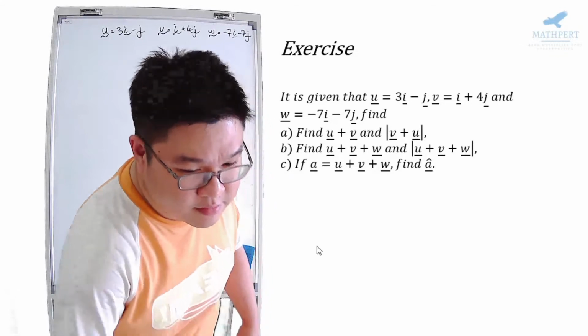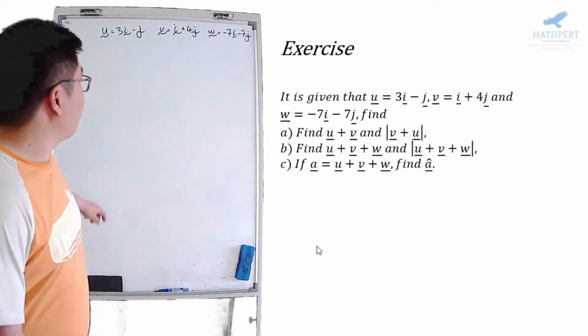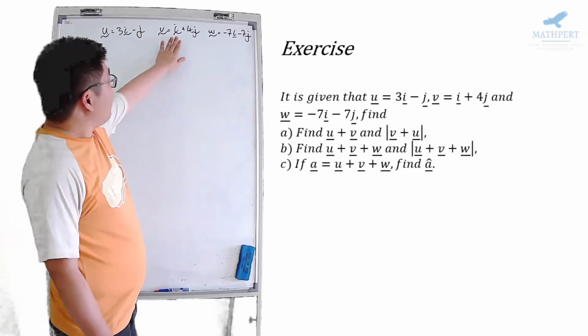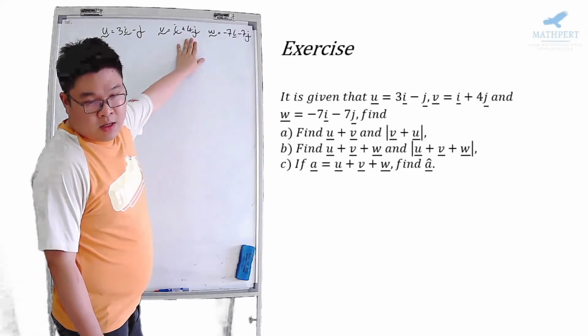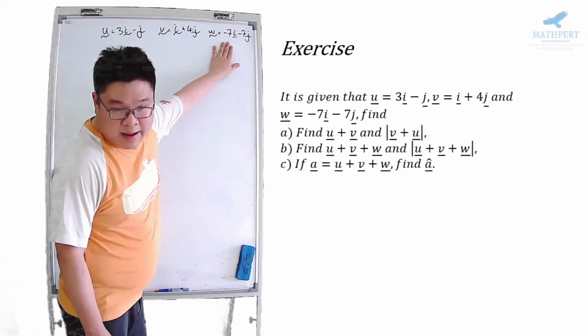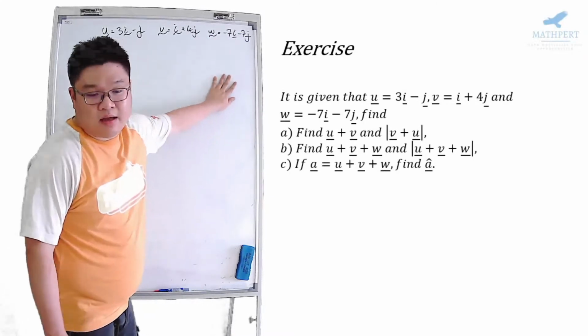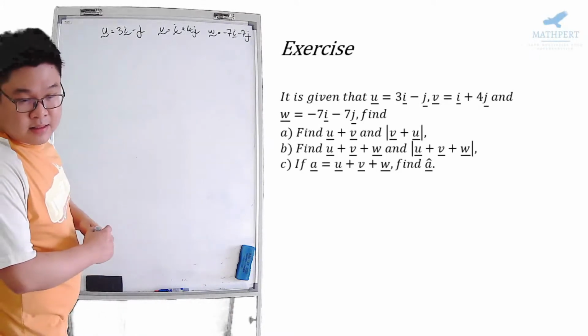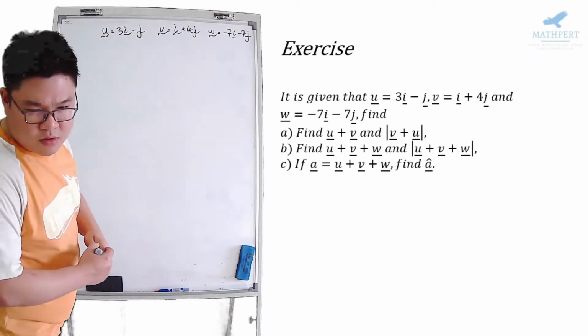Alright, time's up. It is given that u equals 3i minus j, v equals i plus 4j, and w is negative 7i minus 7j. Find u plus v and the magnitude of u plus v.